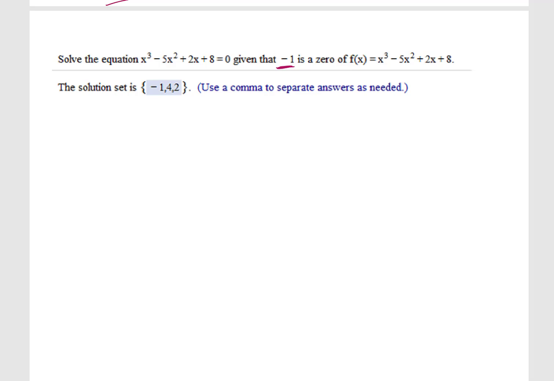And I see that I have all my powers in descending order, and I also am not missing any. So I'll take that -1, put it in my pocket, and then the coefficients from that function: 1, -5, 2, and 8.